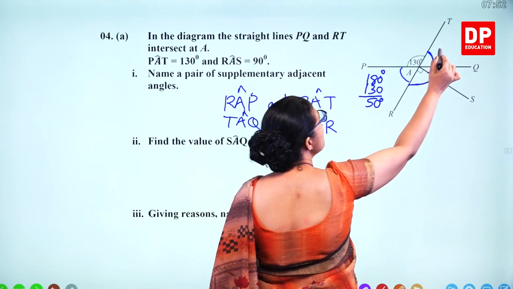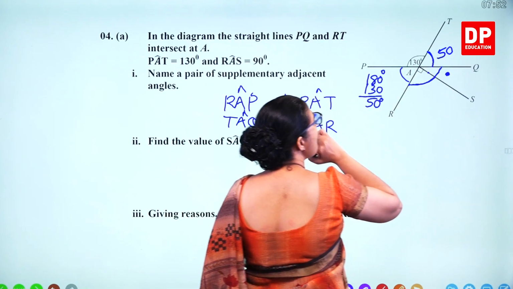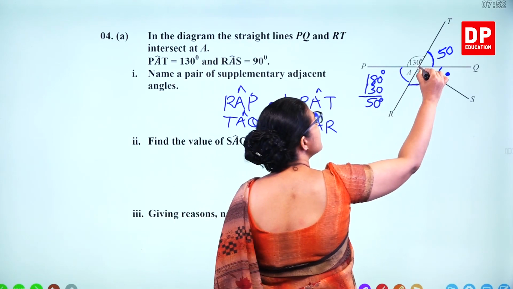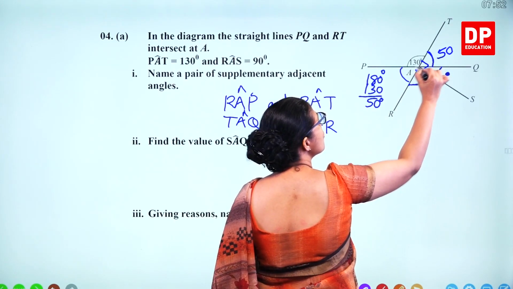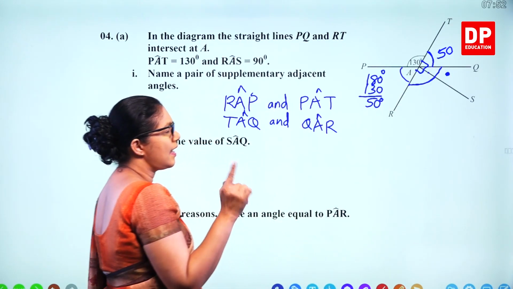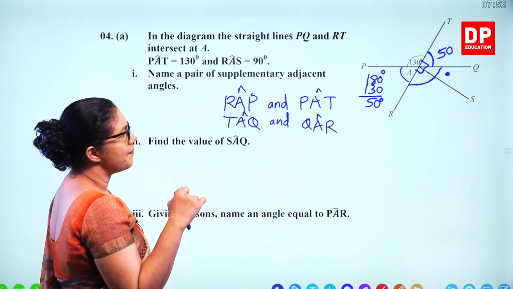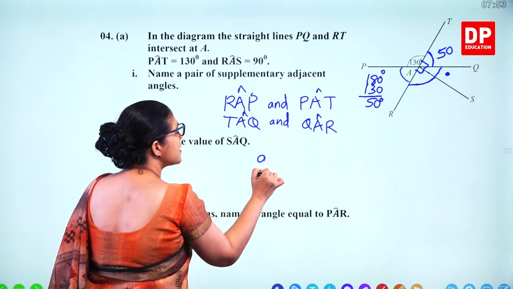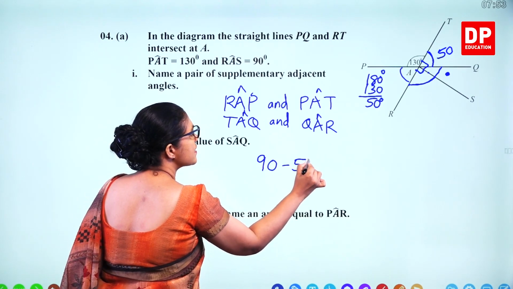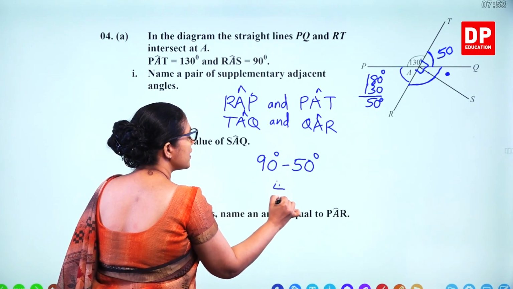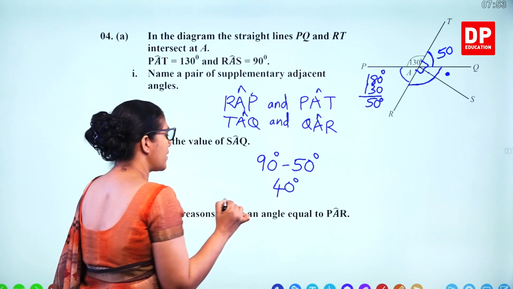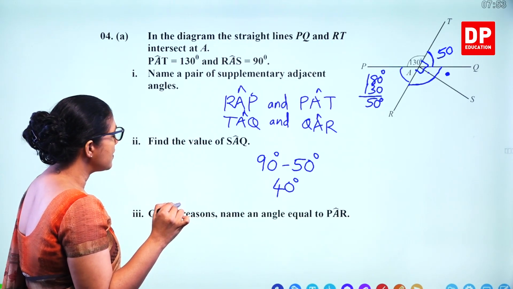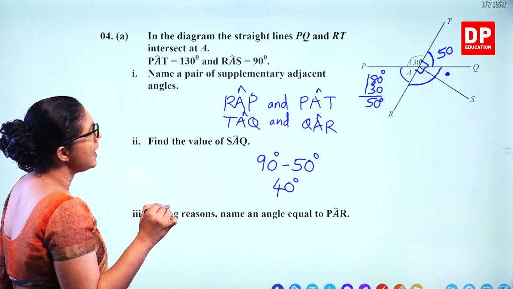So this is 50 means this is 50. And can you see this is 90 degree given. This is also 90. 90 becomes 180. So what is SAQ? 90 minus 50 degrees. So that's 40 degrees.